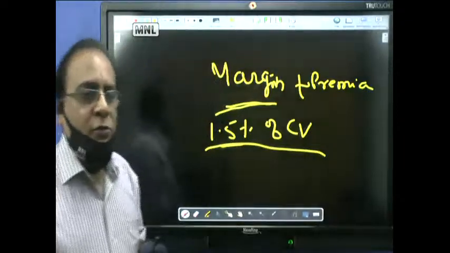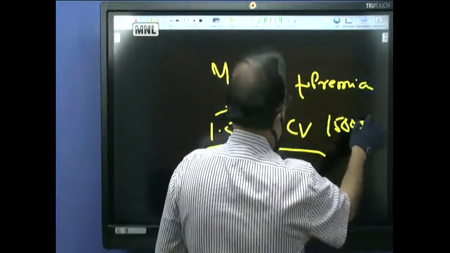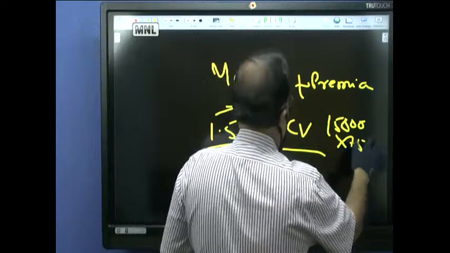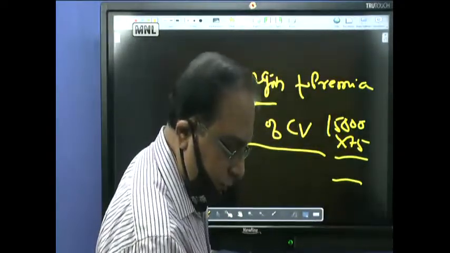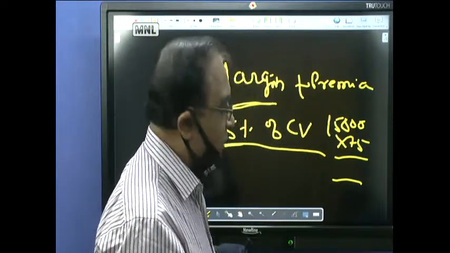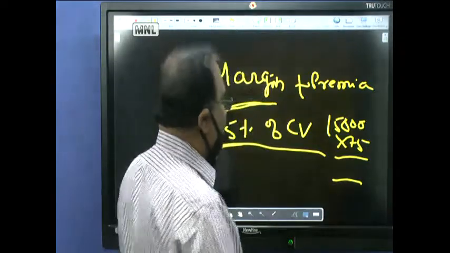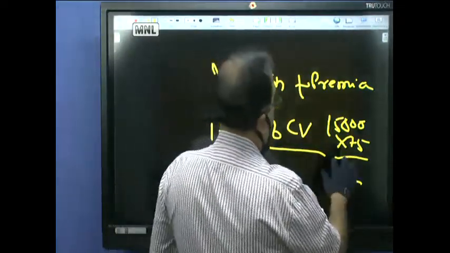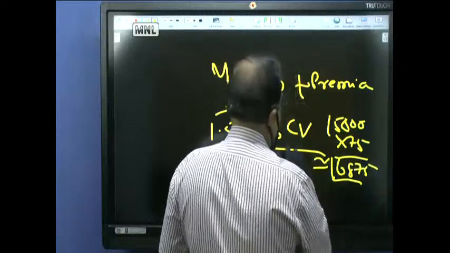Suppose you are selling a 15,000 option, the contract value is into 75. So 15,000 into 75 is 11,25,000, into 1.5%, that comes to 16,875. Let's round it off to 17,000.